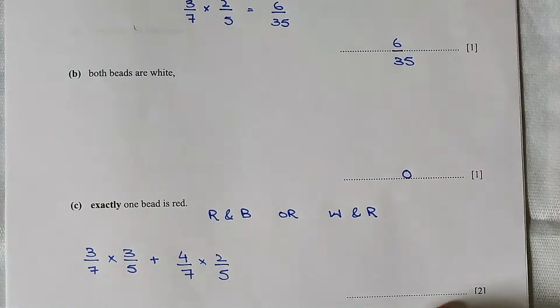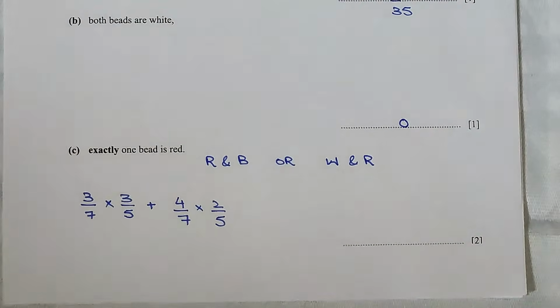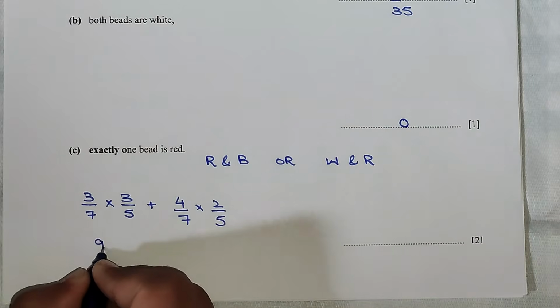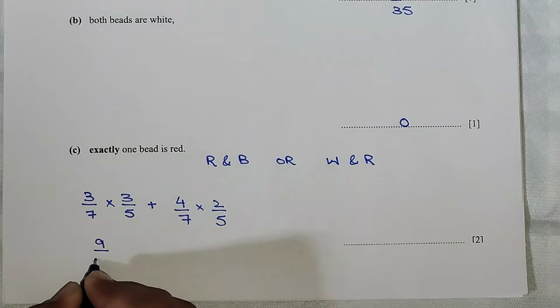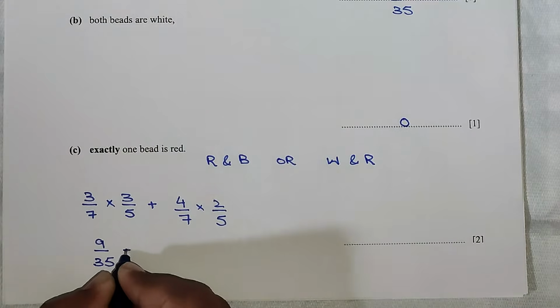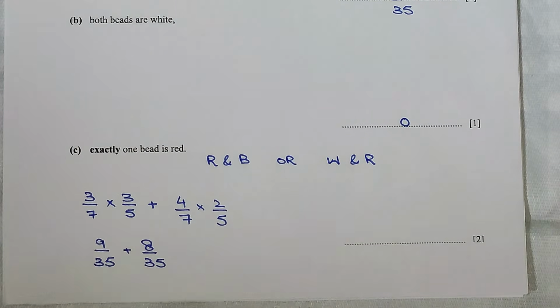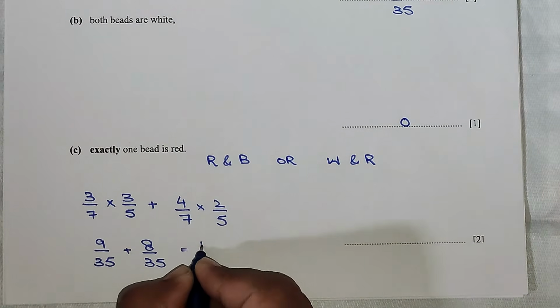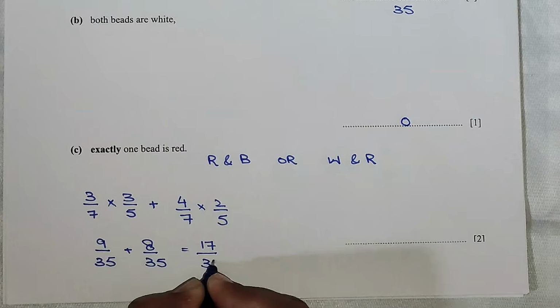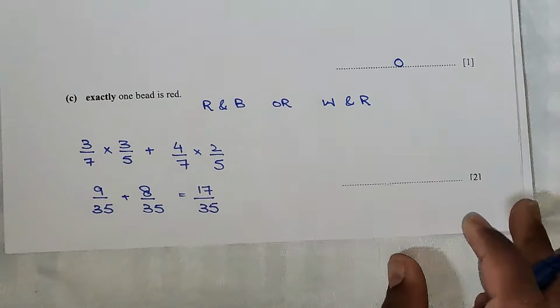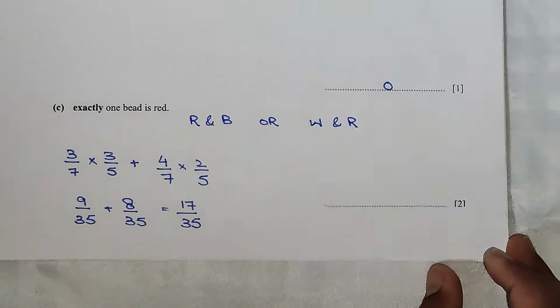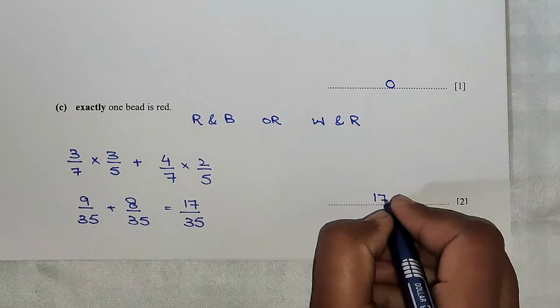Let me simplify this expression. 3 times 3 is 9 over 7 times 5 is 35, plus 2 times 4 is 8 over 35. So 9 plus 8 equals 17 out of 35. So the probability that exactly one bead is red is 17 over 35.